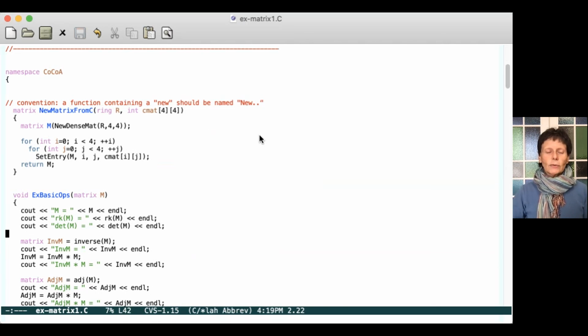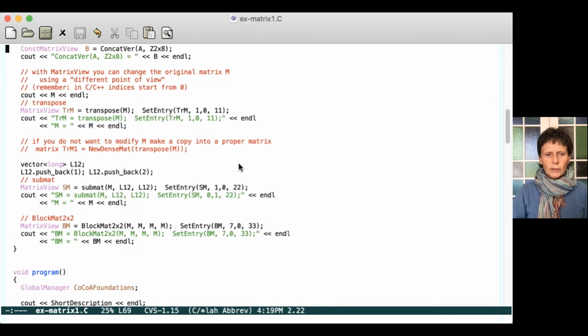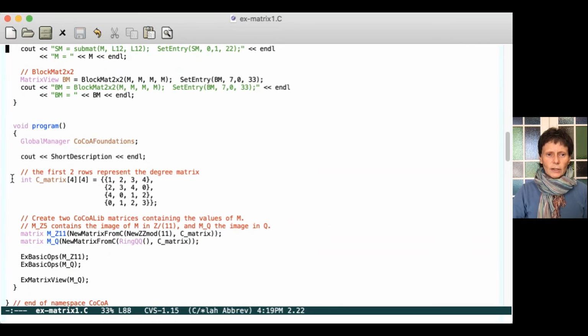It's much nicer to write it in CoCoA 5. So we made a function that takes a matrix from C, and I show you immediately what I mean with that. So I can create something like that, which is a vector of integers, machine integers.